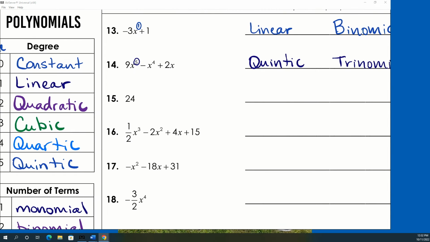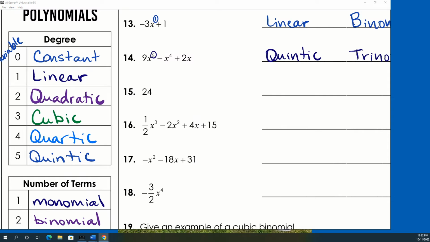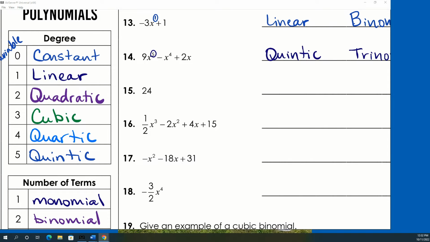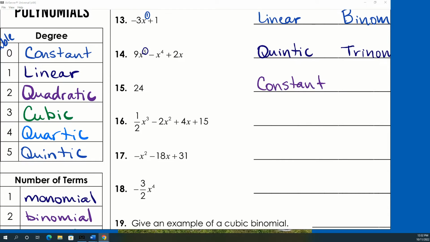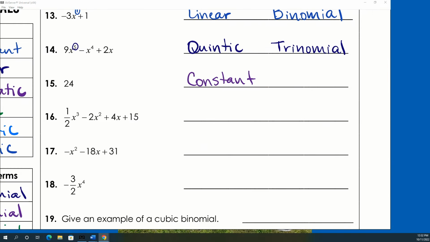All right, what do you guys think about 15? It's okay. 15 is a constant. So no variable means constant. And a constant pretty much has to be a monomial. There's only one term there, so it's monomial. All right, so you guys do 16 through 18 on your own, please.